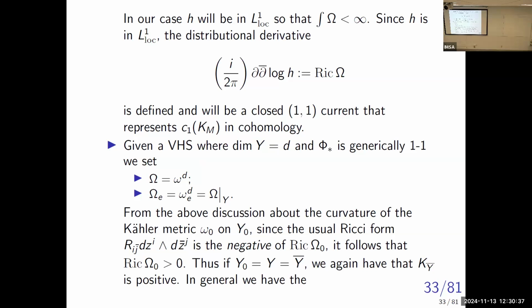So it's not only that the canonical bundle is big, but it has a differential form representing its cohomology class that's positive semi-definite everywhere and positive definite on the Zariski open set. That's enough to make any line bundle big that has a metric whose curvature has that property.